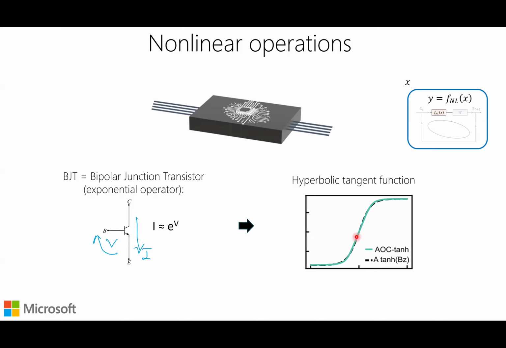And we can adjust both the gradient of this function around the origin, and also the saturation point. And so we can quite accurately control the nonlinear response. For example, if you have not very much saturation and a low gradient, this is just like a linear response. And for some applications, that's good. Or you might want a very steep gradient and a strong saturation, and that's much more like a step function response.